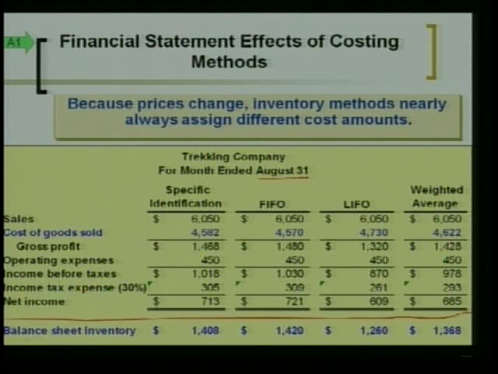Because look, the cost of goods sold is different for each one of those methods. The net income is different for each one of those methods. The balance sheet inventory is different for each one of those methods. So whichever method we decide to use, it's going to be an important decision in regards to our income statement and our balance sheet, isn't it? Right?